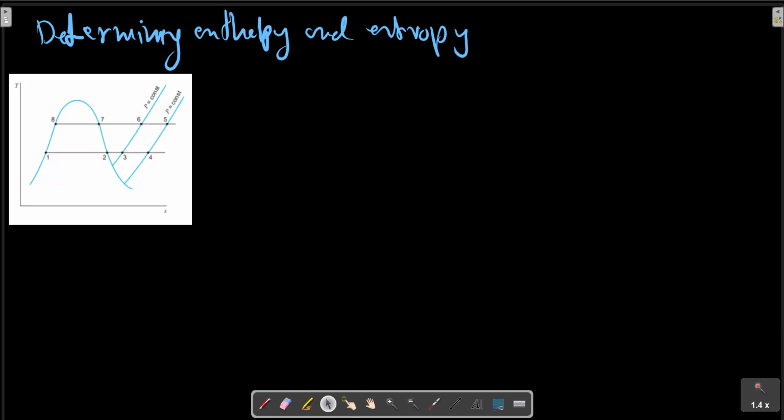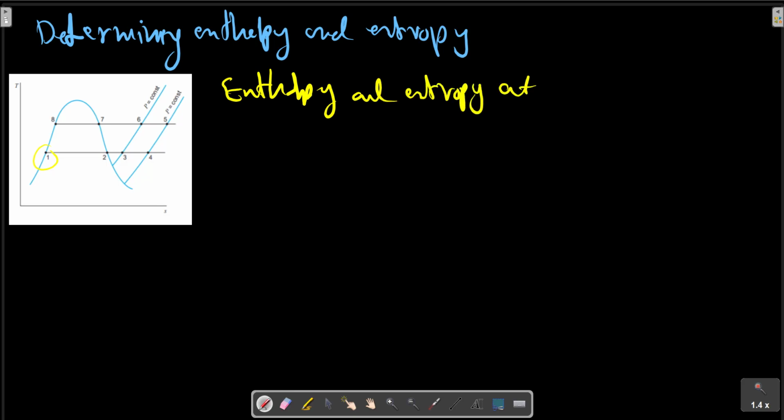Let the enthalpy and entropy of saturated liquid at state 1 be set to 0.